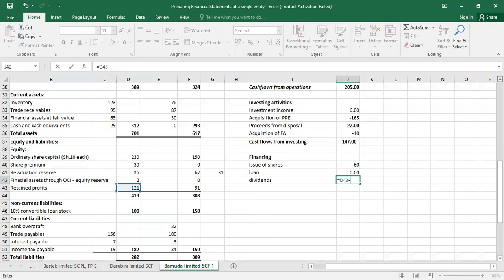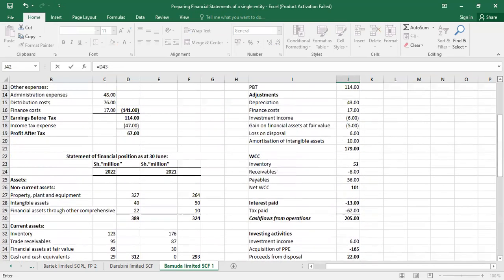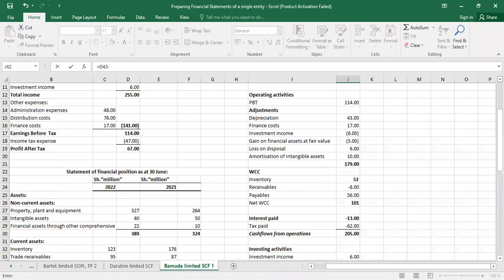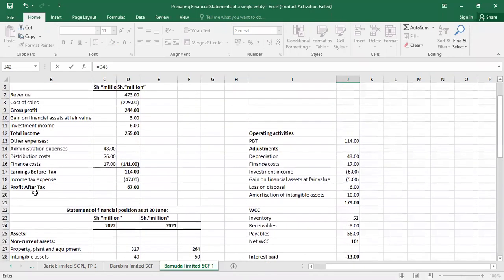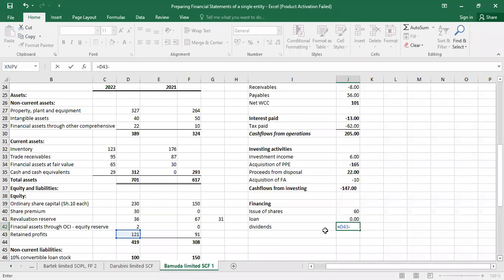So we go to our statement of profit or loss. Are there any? No. So remember, our retained earnings, we always reduce dividends.